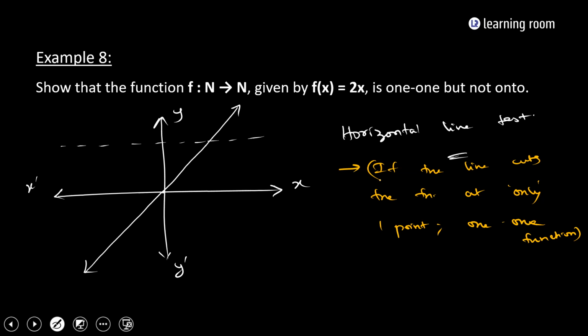Are you able to visualize what I'm trying to say? When you have an idea about a one-to-one function, a one-to-one function is always a strictly increasing function or a strictly decreasing function. I know I'm going out of chapter. If the same topic is asked in your calculus and they're asking you to find whether it is an increasing or a decreasing function, what would you do? Forget about the domain and range.